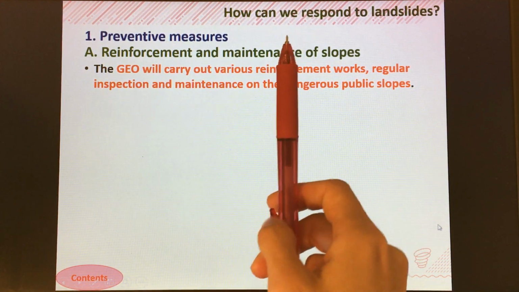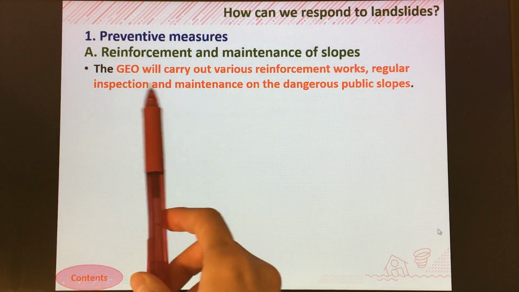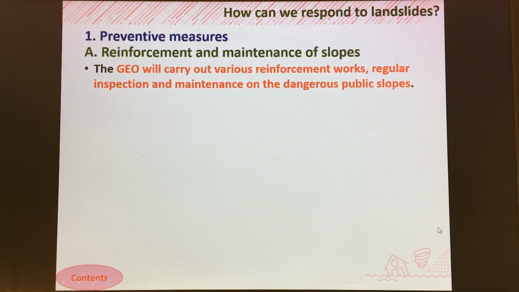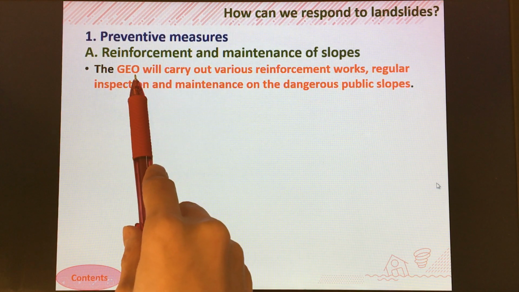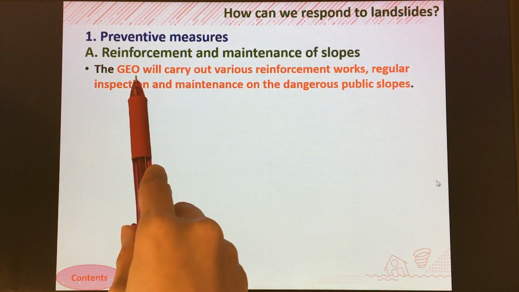Okay, so for the first one, in fact, they have a government department called GEO. They are responsible for the safety of the slope.